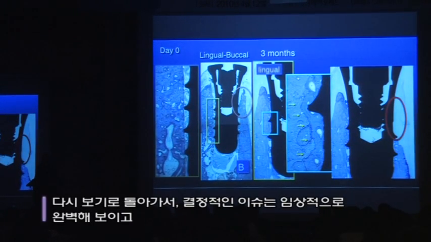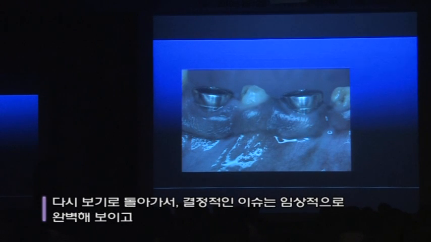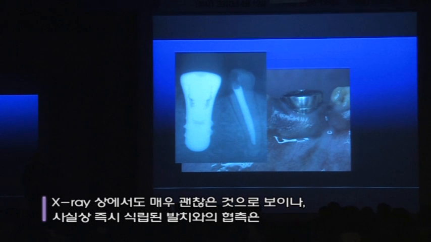So now we go back to this illustration. And now comes the critical issue here. Clinically, this site looks perfect. In the radiograph obtained with the mesiodistal orientation, so we can measure the bone level at the mesial and distal surface, it looks very much okay.